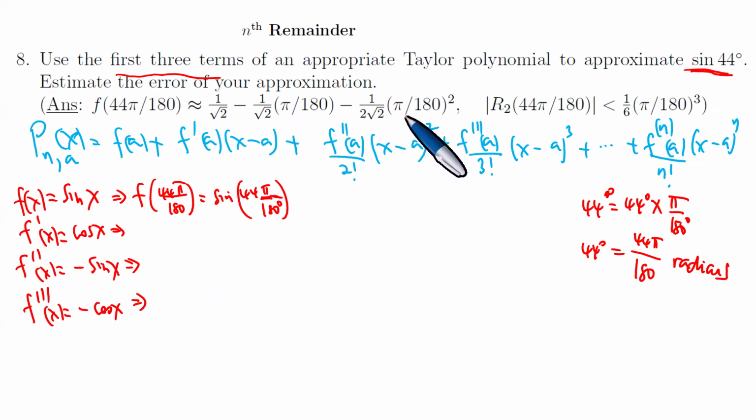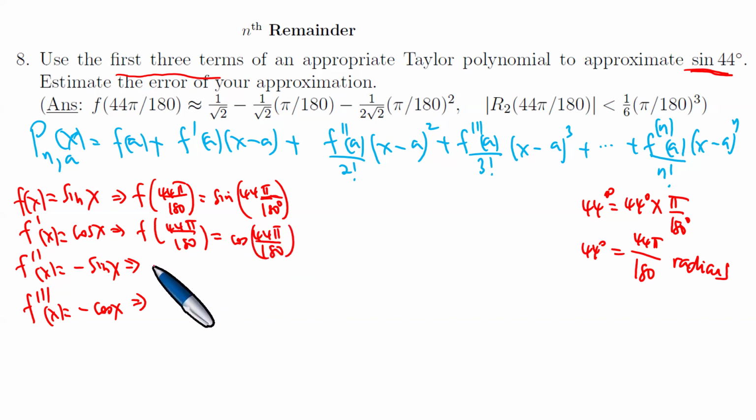So in principle, if you have here, this one is going to be 44 pi over 180, over 180, which is minus the sine of 44 pi.